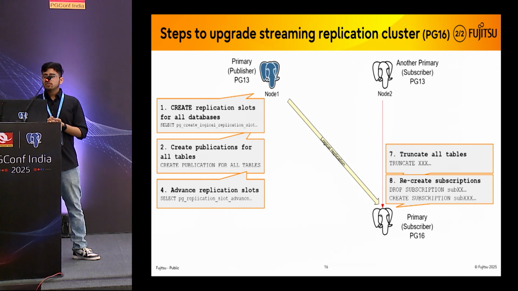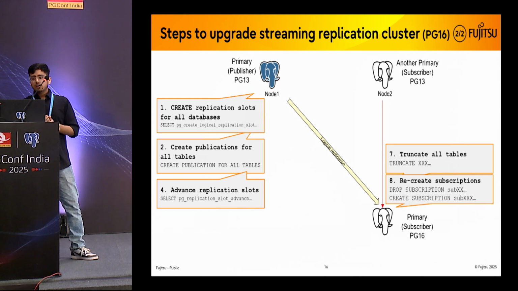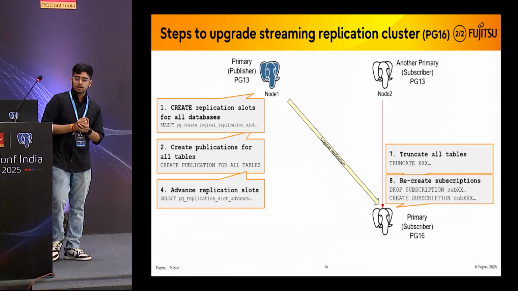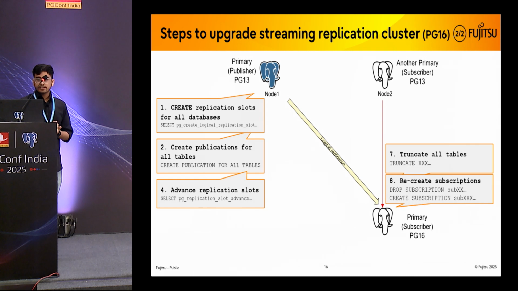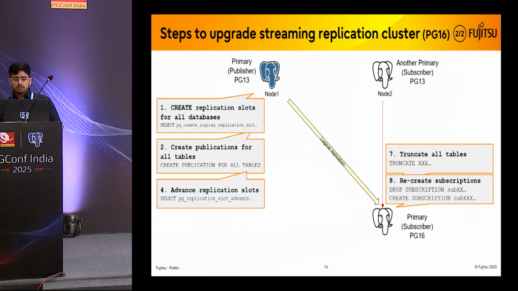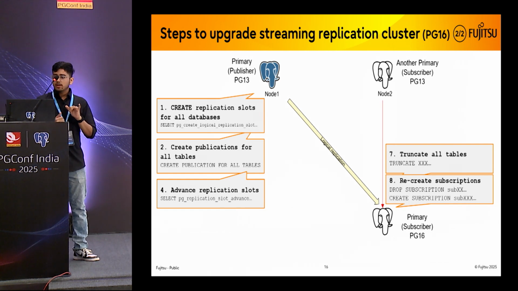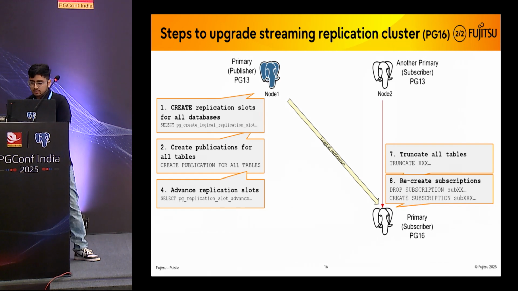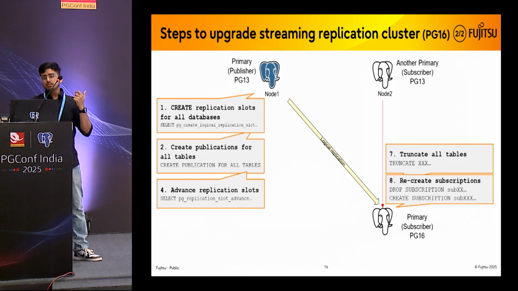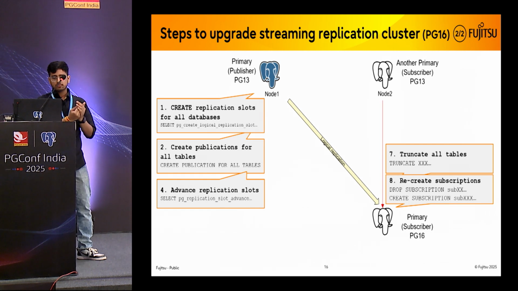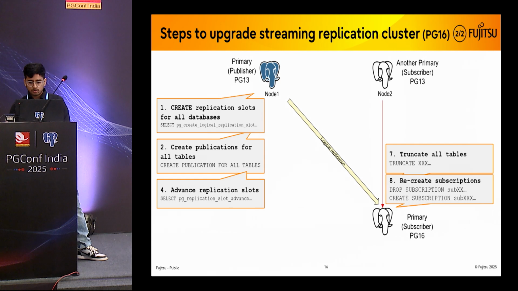So the list of tables in the subscription and the replication origin data are not preserved. So we need to truncate all the tables and recreate the subscription so that logical replication is again set up between both nodes. And while recreating the subscriptions, all the data is copied again from node 1 to the upgraded node 2.